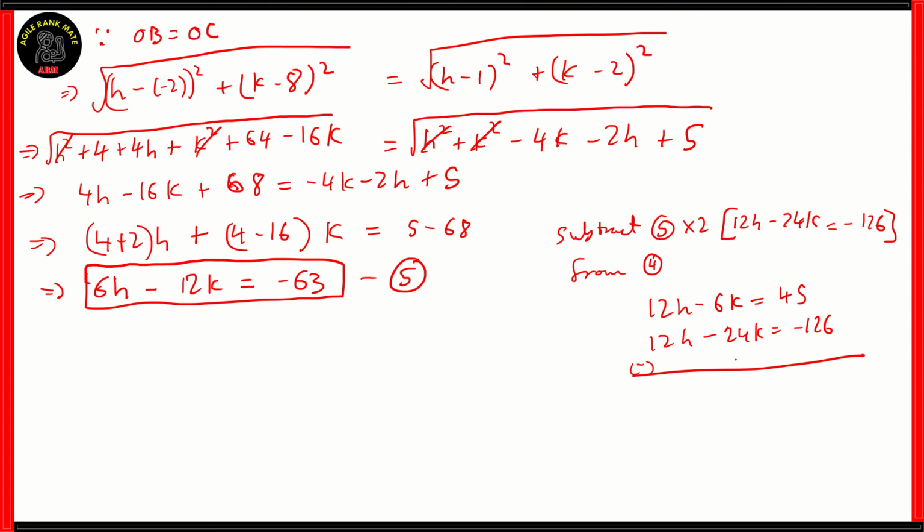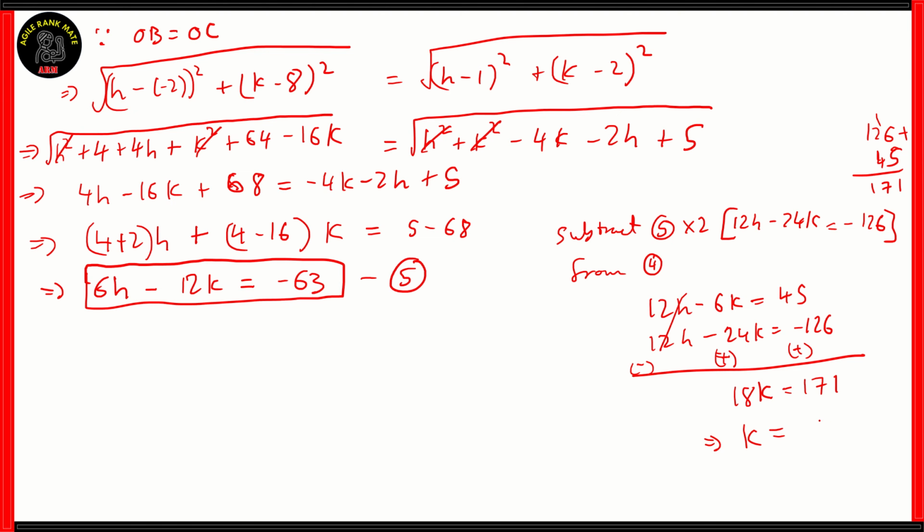So 12h gets cancelled. There's already a minus, so minus times minus becomes plus. Same for the constants. Minus 6 plus 24 gives you 18k. Then you would have 126 minus 45. Actually, it's 126 plus 45. So we get 171. So 18k equals 171.